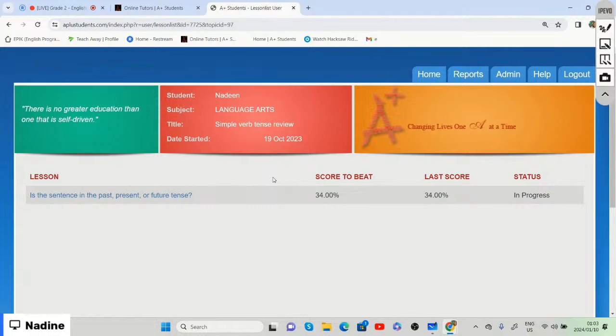If we put the words verb tense together, it means the action that is taking place either in the past, in the present, or in the future. But we're going to find out more about that during the course of our lesson.